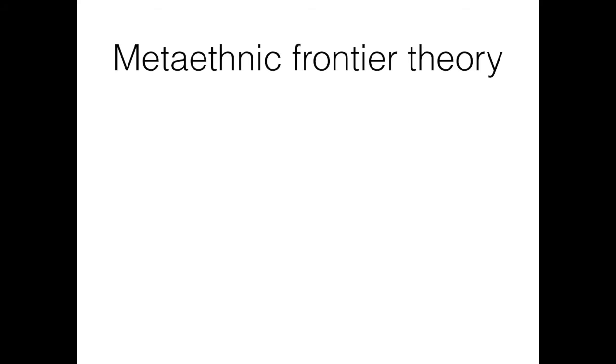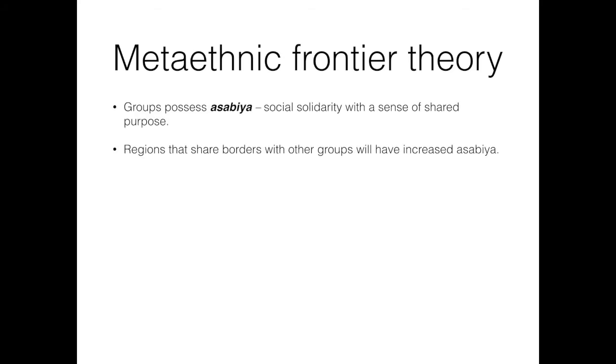A key concept in the model is asabia, an Arabic word, which I don't know if I'm pronouncing correctly. Asabia, I should have looked it up. I didn't. Moving on.